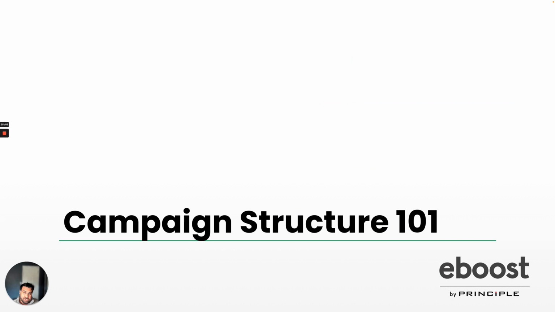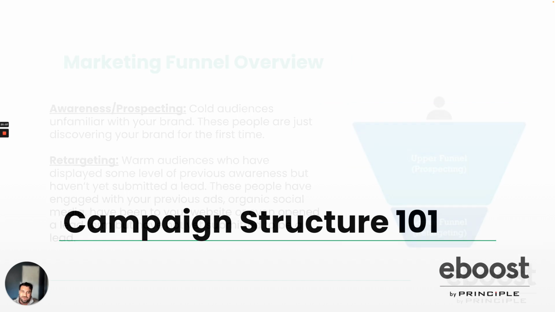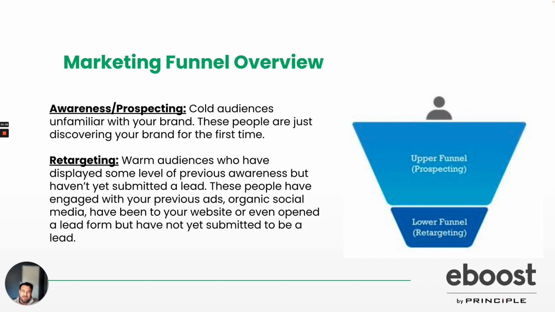And that's it, essentially. Next, we're going to talk a little bit about your campaign structure 101. So typically a marketing funnel overview. So the way we think of this is we have an awareness prospecting campaign or funnel, highest up the funnel, I should say. These are going to be cold audiences, generally unfamiliar with your brand. These are people who are just kind of discovering your brand or your product for the first time.